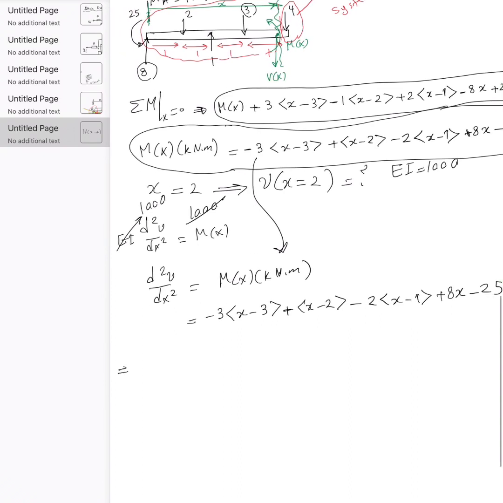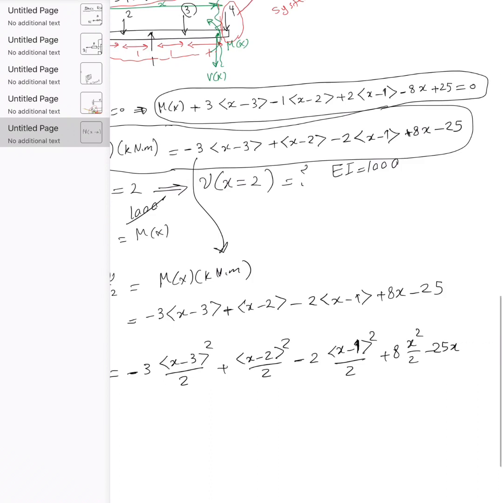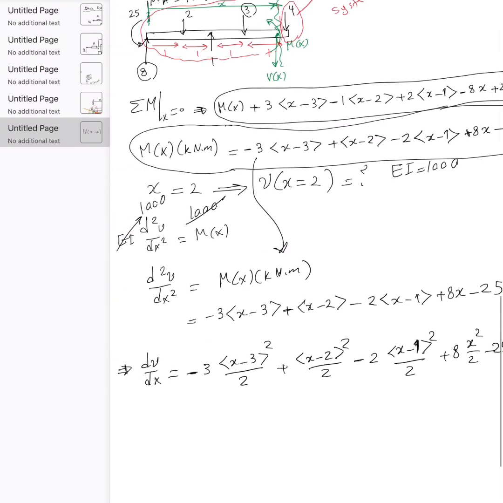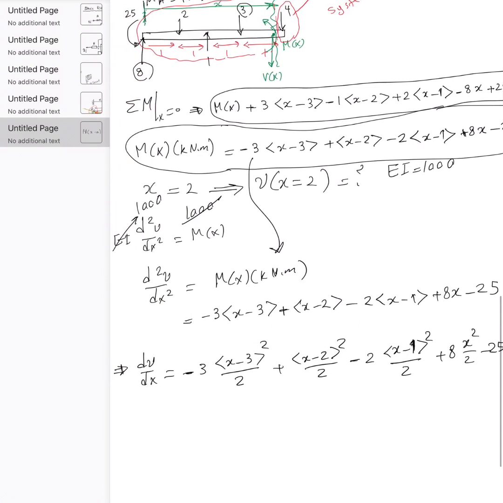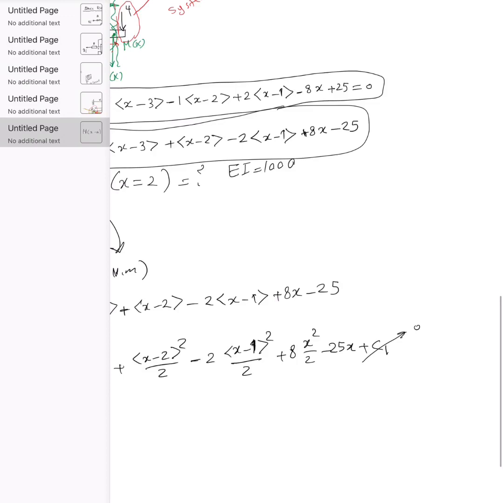The first integration gives me dv/dx is equal to negative 3 (x minus 3) squared over 2, plus (x minus 2) squared over 2, negative 2 (x minus 1) squared over 2, plus 8x squared over 2, minus 25x, plus C1, the first constant of integration. What is the first constant of integration? If you apply the boundary condition at the wall, you get C1 is equal to 0. Why? Because v of x at 0 is 0.